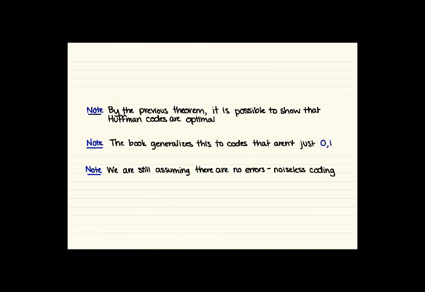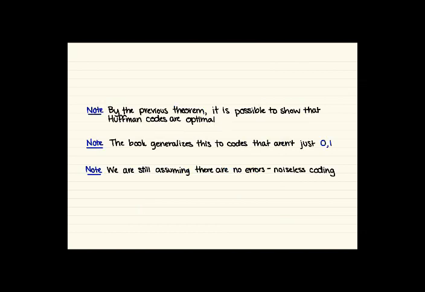The book generalizes this to codes that aren't just binary, so codes that aren't just zeros and ones. So you might see the theorem looking a little bit different in the book because of that. There's a divided by log factor that comes in because we're encoding things in potentially more than just 2 characters. So that's a generalization of Shannon's theorem that we gave in this video.